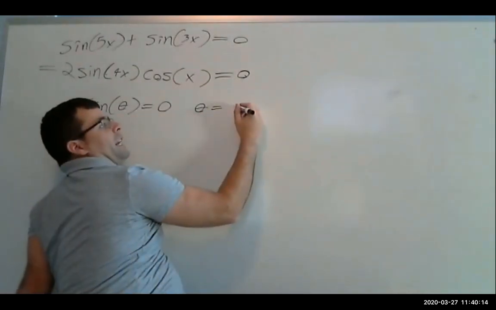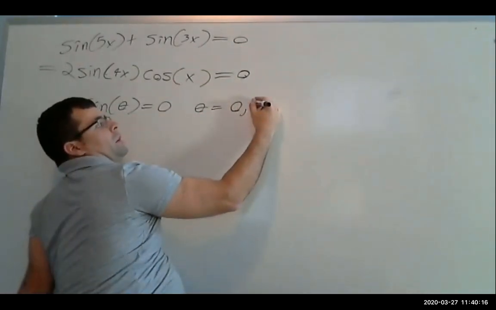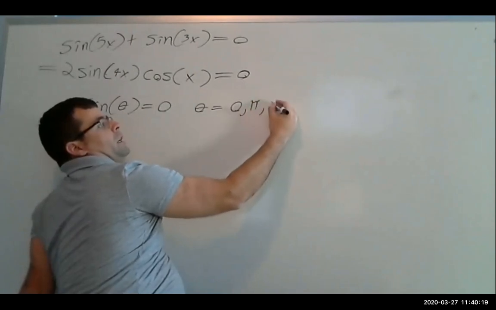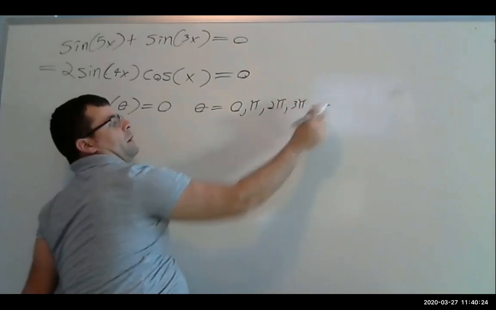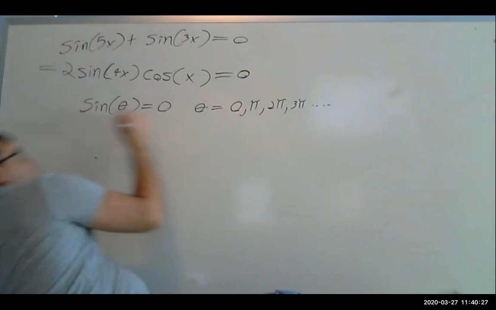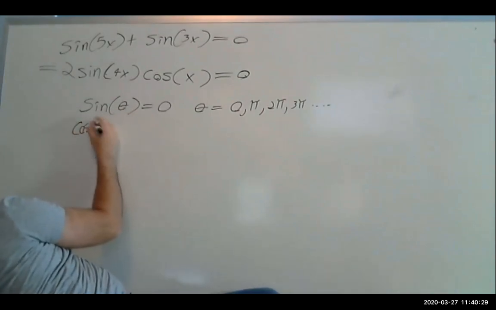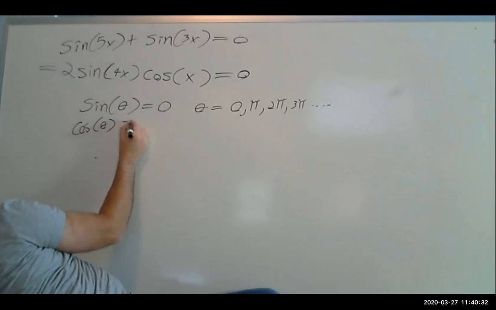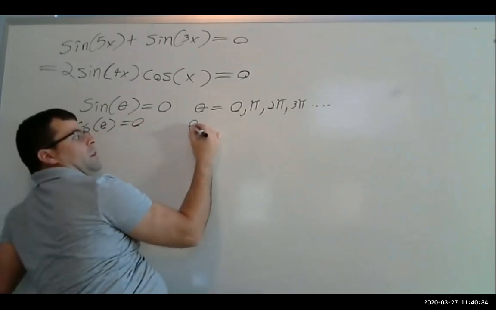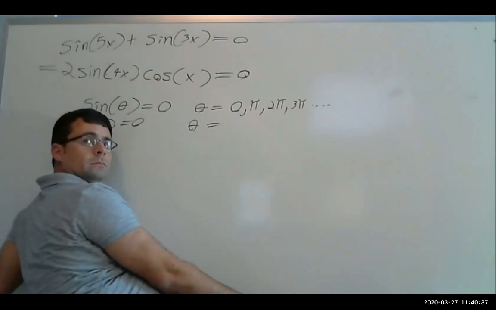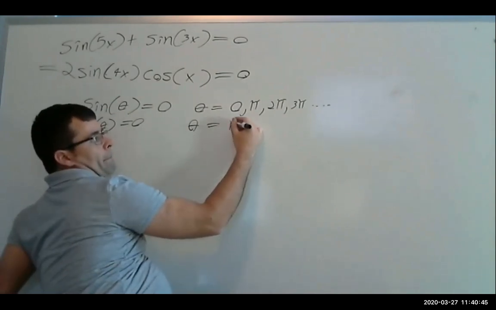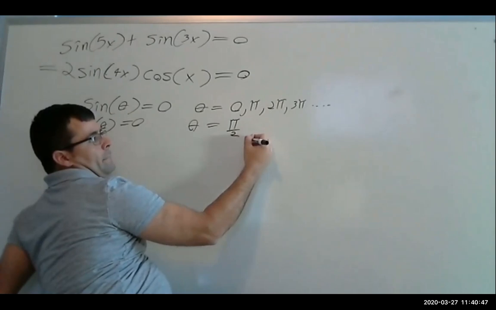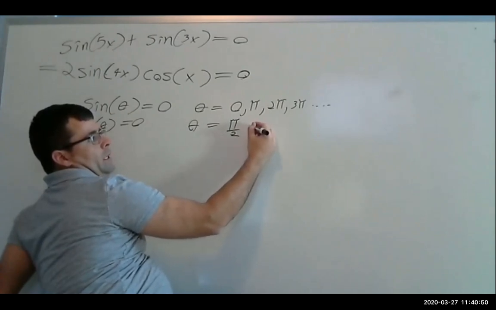This happens at 0, pi, 2 pi, 3 pi, on forever. Cosine theta is 0 when? Like pi over 2. Yeah. And then maybe like pi over 4.